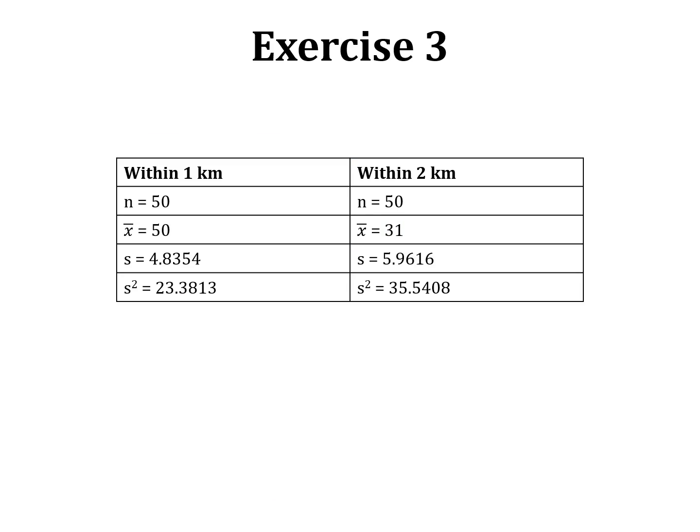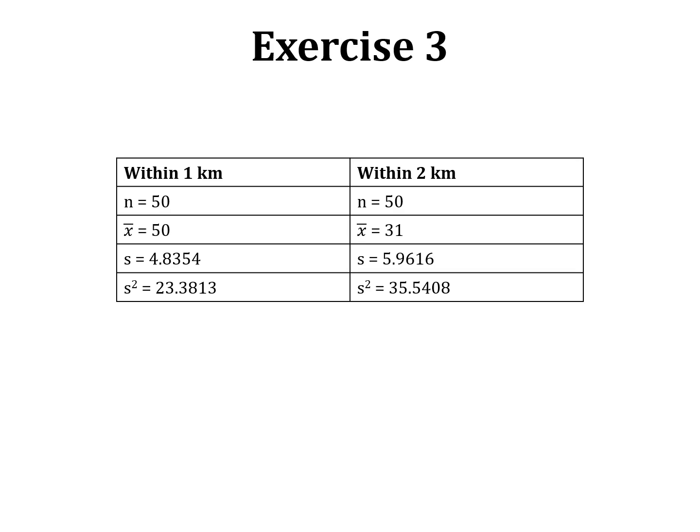So here we are with the descriptive statistics. We have the first column for individuals within 1 kilometer, and the second column for individuals within 2 kilometers. The number of individuals from whom observations were taken is 50 in the first group, and the same number of individuals are from group number 2.